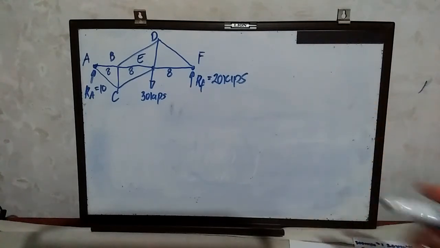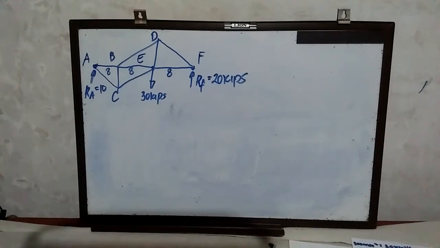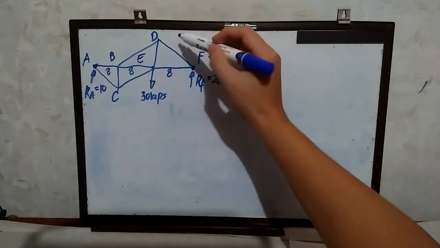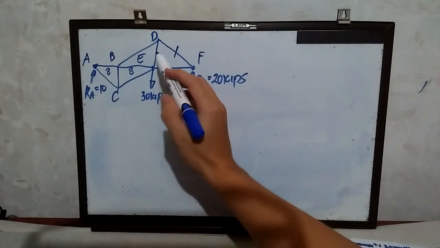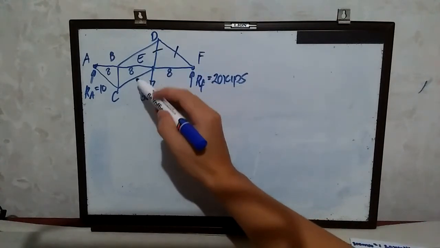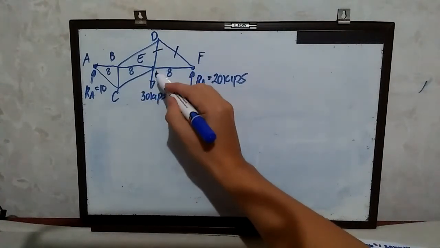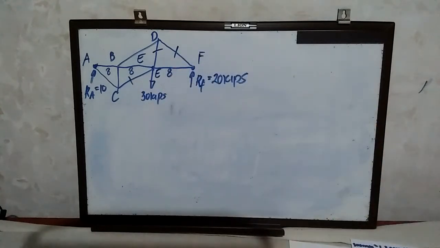And now, for this part, we need to solve for members DF, DE, and CE, because this is point E. We have 3 members required: DF, DE, and CE. So what is the easiest member that we need to solve first? In this case we need to look for the most convenient member, which is the easiest one to solve.